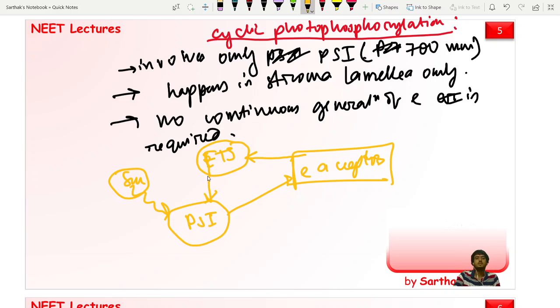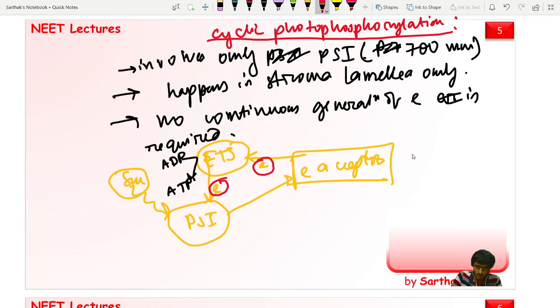While this ETS pumps these electrons to photosystem 1, it converts ADP to ATP. So this is a short account of cyclic photophosphorylation. Here you can clearly see that no continuous generation of electrons is required, because the electrons are flowing cyclically.